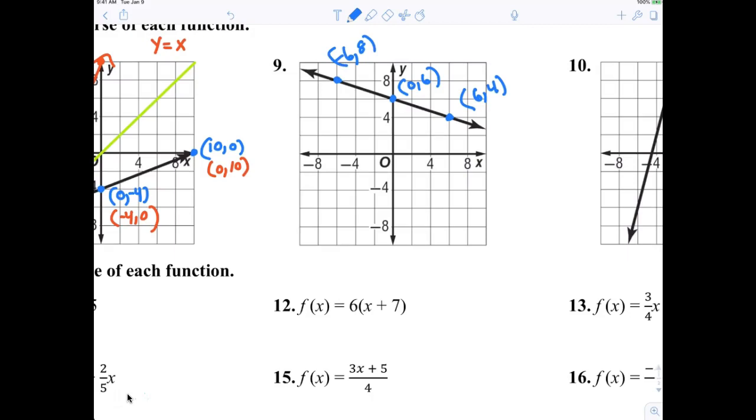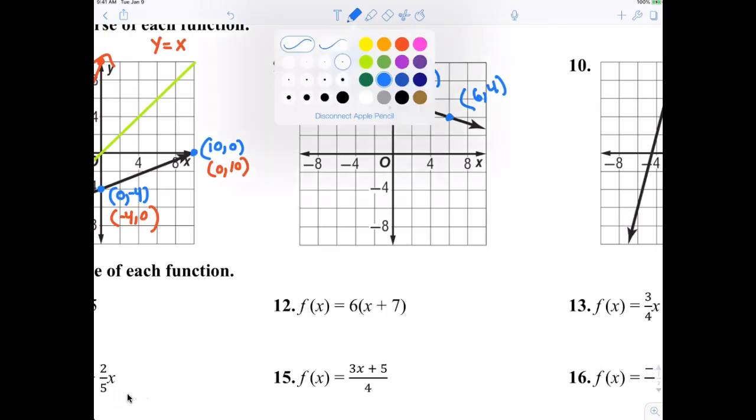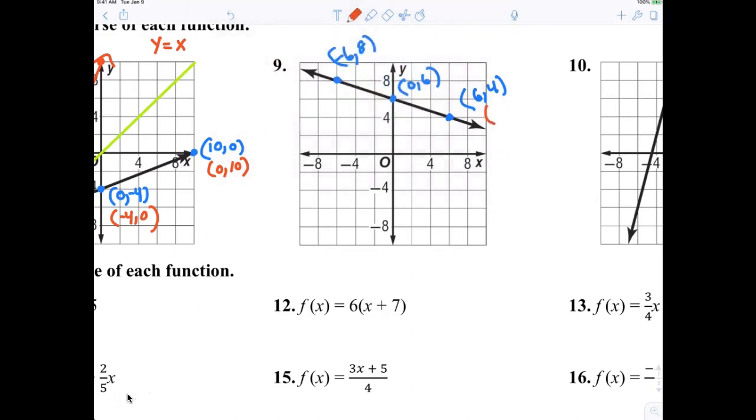When you're plotting points, remember you go left and right, then up and down. Then we'll go ahead and find the inverse. So that would be (4, 6), then (6, 0), and then (8, -6).